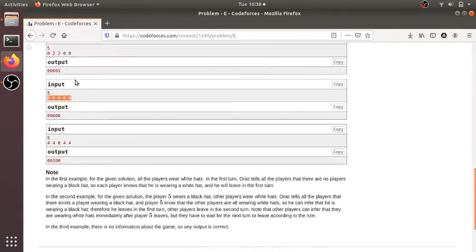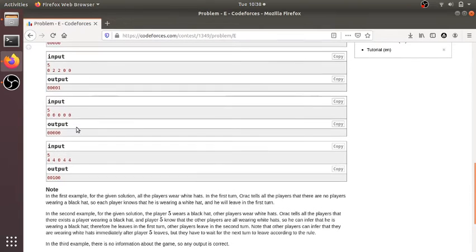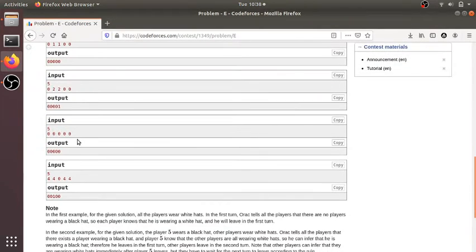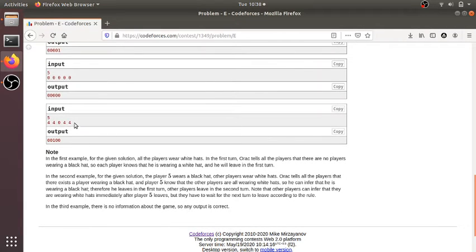Oh, this is the 3rd example. I was thinking this is the 3rd example. Okay, yes, third. So this one is quite complex. Okay. We don't know when he left, so maybe he left in the 1st round itself.